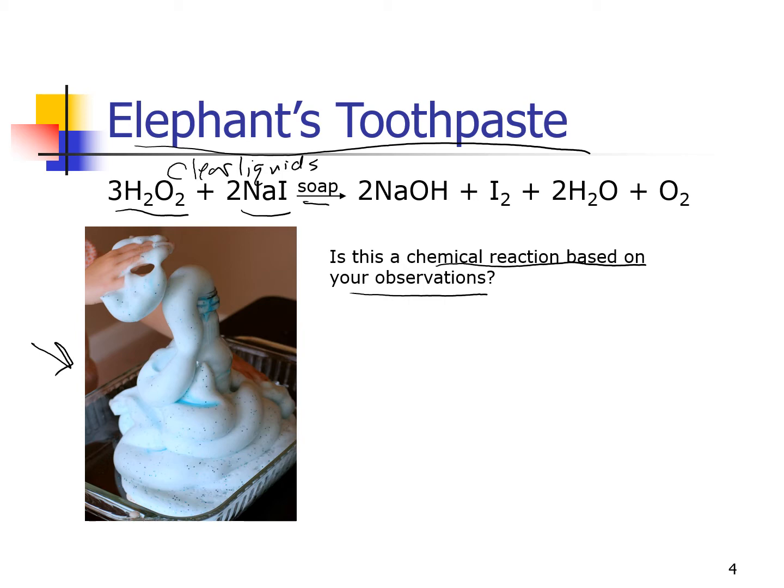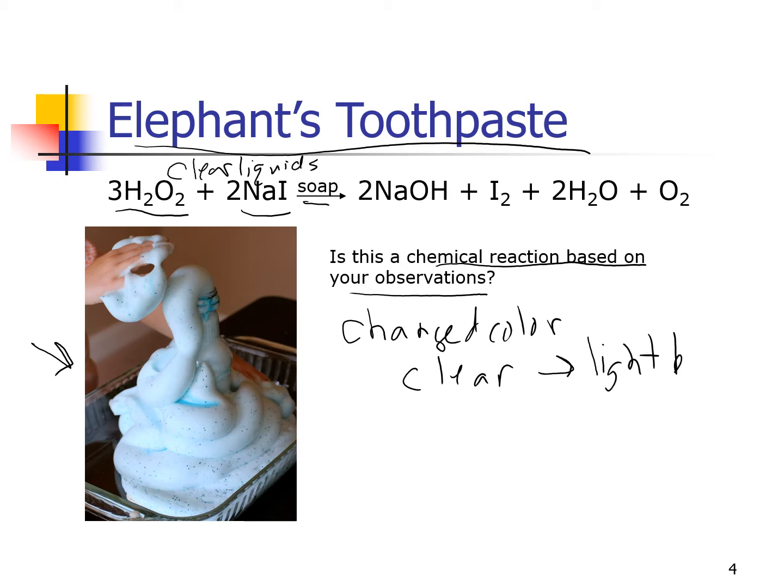So what we're seeing here is you can see we changed color. We were clear and we went to, I'd say, a light blue color. Also, they were clear liquids, and the volume increased, and there are bubbles in it.